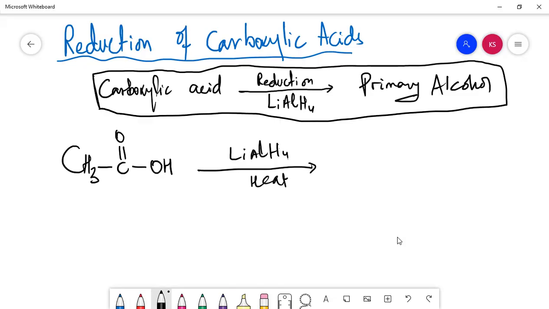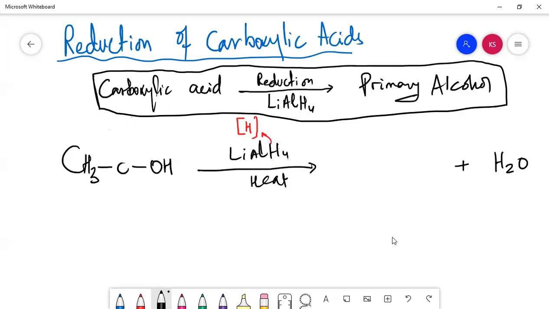we heat it slightly. So what you need to do here is take away this oxygen and make it react with all these hydrogens coming from the reducing agent. So this oxygen with these hydrogens will go and make water, H2O, as a byproduct. And when this oxygen is lost from the carbon, you would see that the carbon has two free bonds on it.